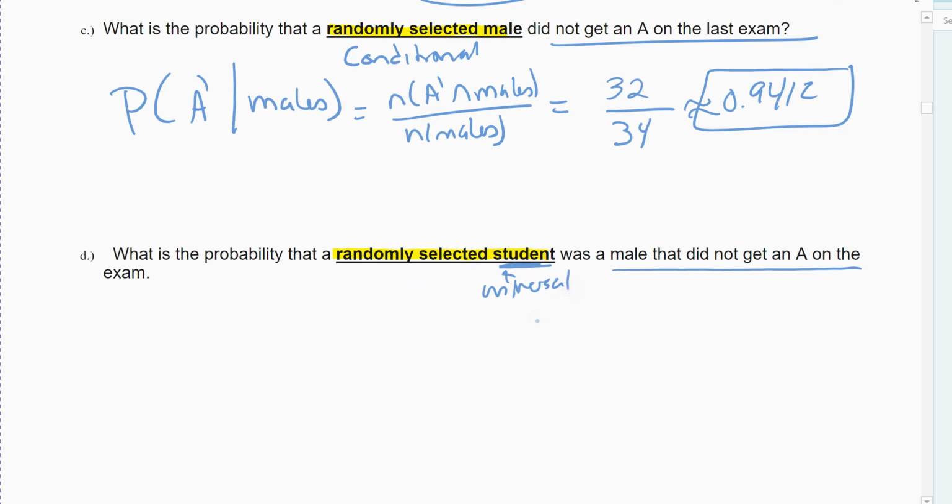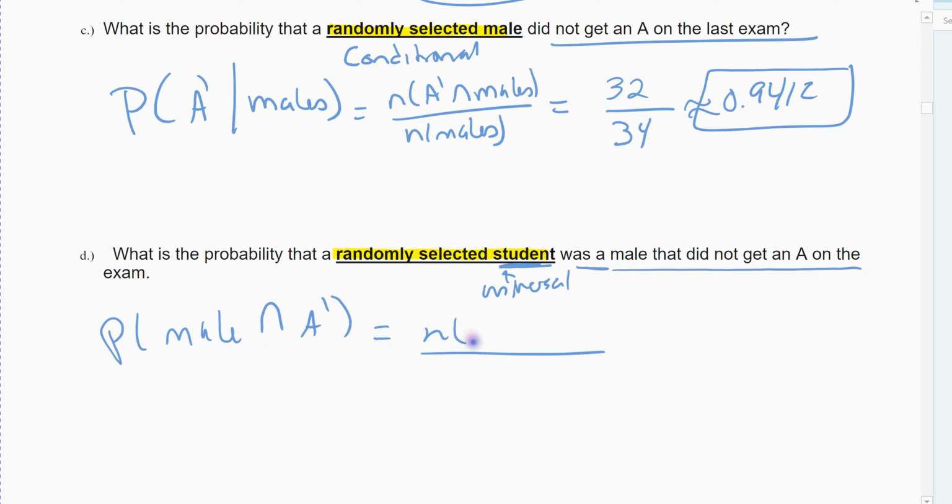The basic case. I'm selecting out of my entire pool of students. If I'm selecting out of my entire pool of students, the universal case, then what was the chance they were a male student and they didn't get an A on the exam? So probability they were a male student and they did not get an A.